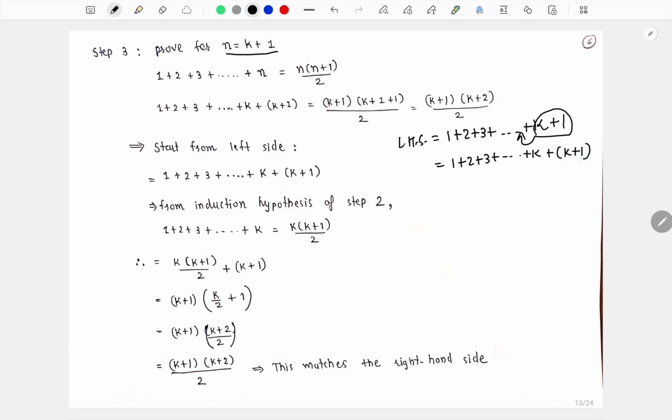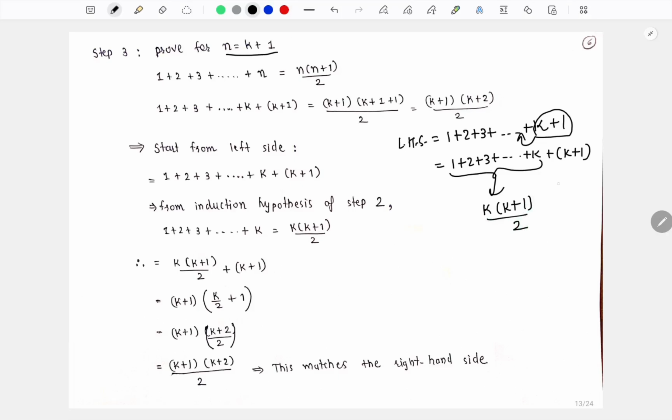From the second step, we know that this one is k into k plus 1 divided by 2, right? And we can write the rest as it is. From this, we can take common k plus 1, and k by 2 plus 1.